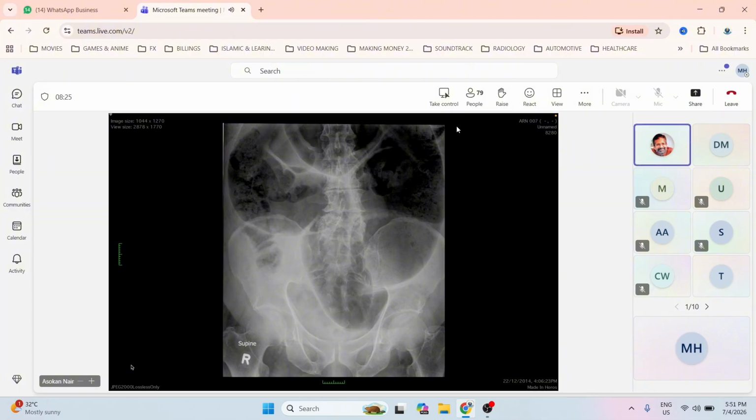Apex is at the lower quadrant? Apex should be where? The apex of the dilated bowel loop pointing to the right upper quadrant. Yes, with the abrupt cut off of the bowel gas pointing to the left side.